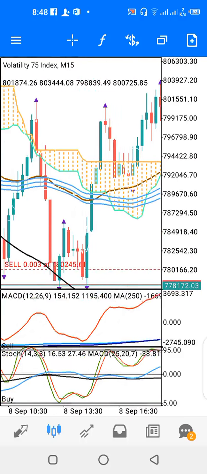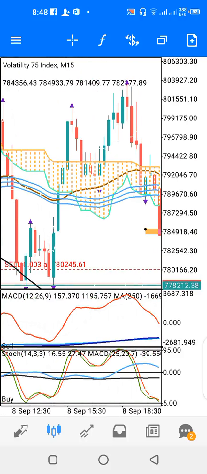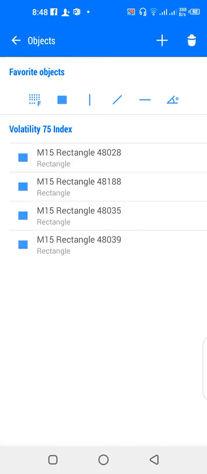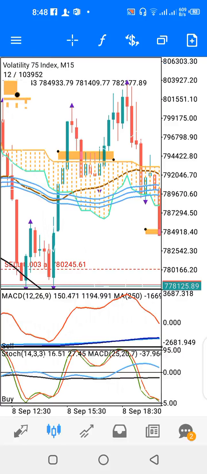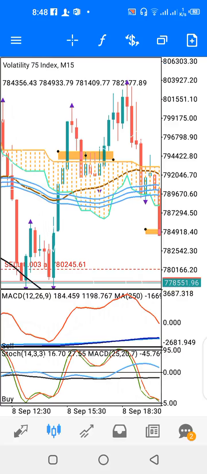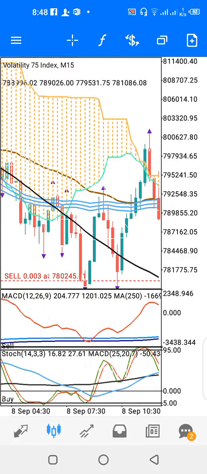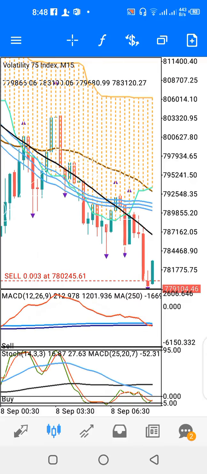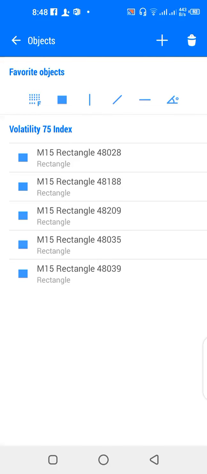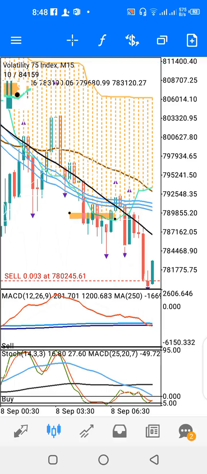For you to place your buy trade, you allow price to close above all indicators, then you place your buy scalp. For another selling point, this is another good place to sell, where price closed below all indicators.